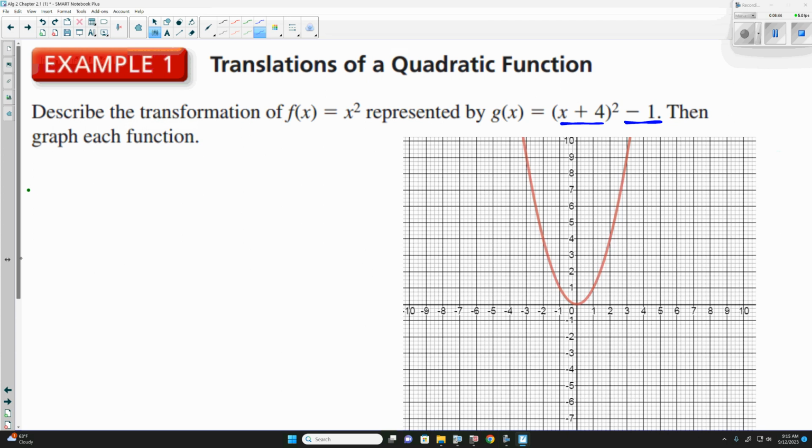Outside parentheses is our up or down, so this would be down 1. Inside parentheses, when we add or subtract, is our left or right. Would this be to the left or to the right? Left. How far? Left 4. Down 1 and left 4.